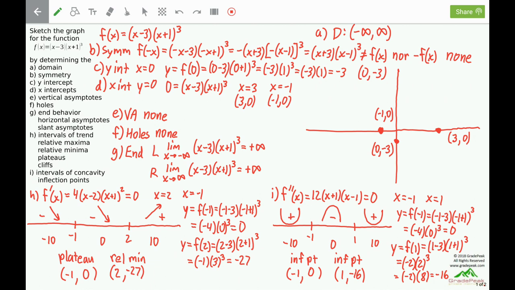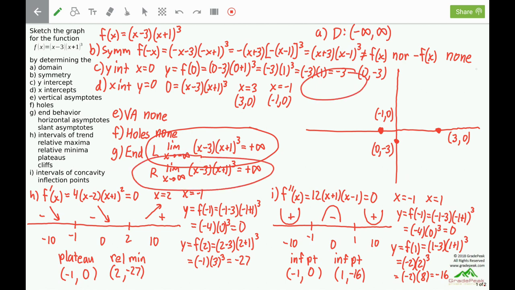We have no vertical asymptotes, no holes. We have left-end behavior of positive infinity. That means that the graph on the left end ends up here. And we actually have right-end behavior also positive infinity, so at the right end of the graph it also ends up here, so we'll be sure it does follow that.